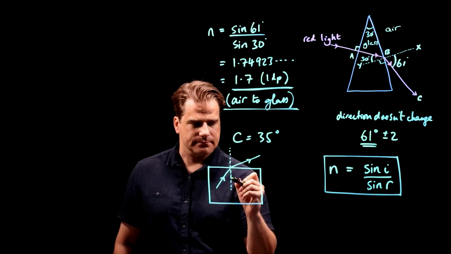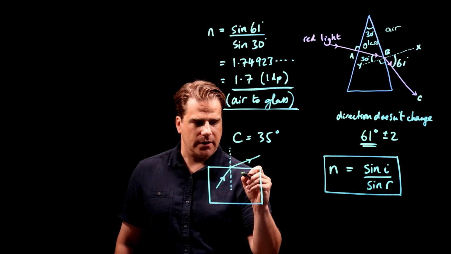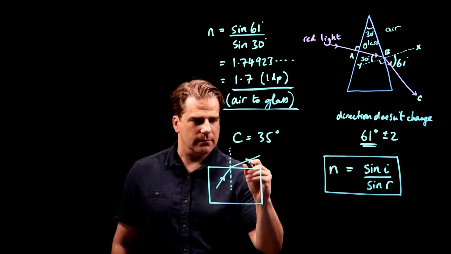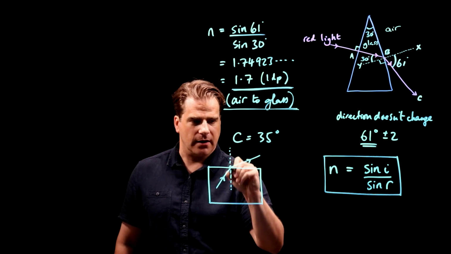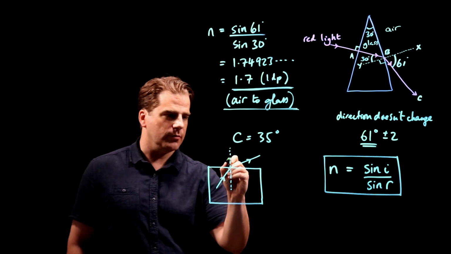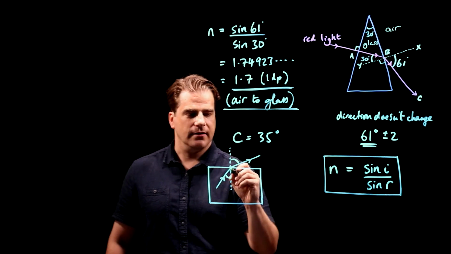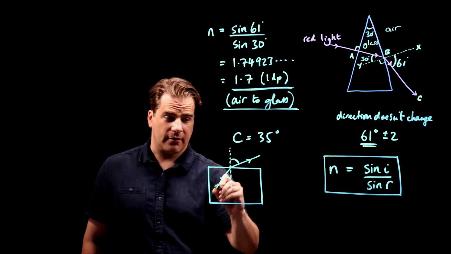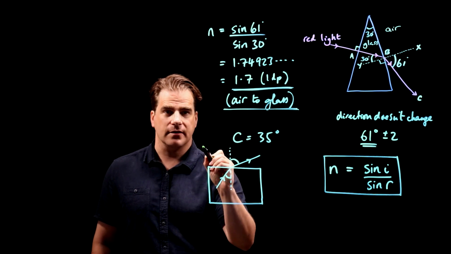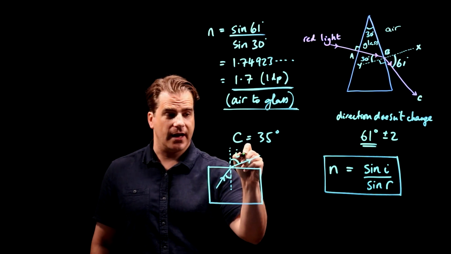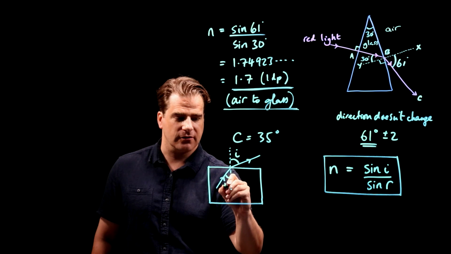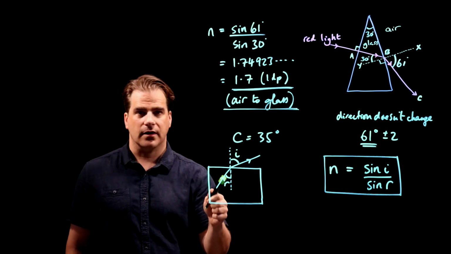So, the angle is between the normal and the ray. Once again, it doesn't matter about direction. The angle of incidence is always the one in the air. The angle of refraction is always the one in the glass.